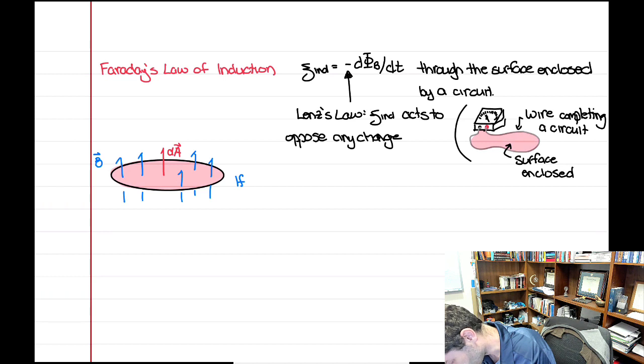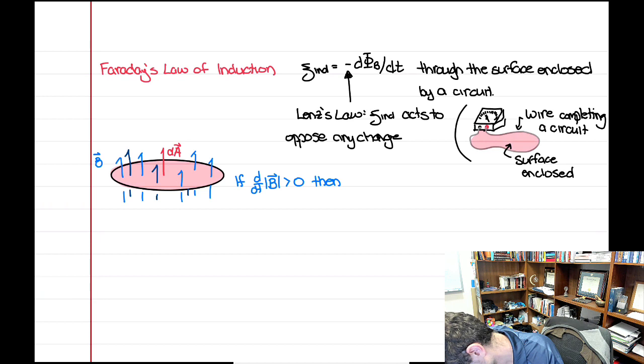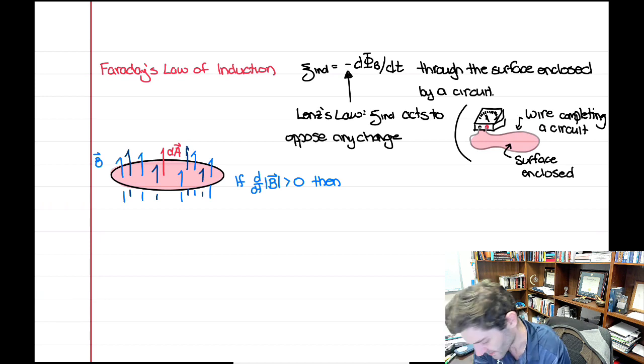If the time derivative of the magnitude of the magnetic field was increasing, then I might use two different colors. The blue I've been using, maybe like a dark blue. And the dark blue is going to represent the magnetic field that's, say, around in that region 10 seconds after the start.